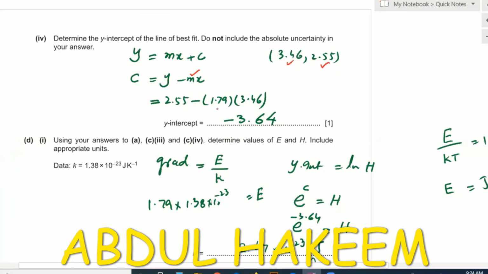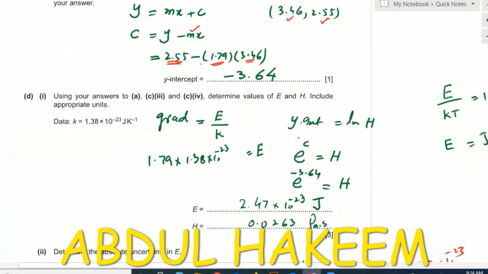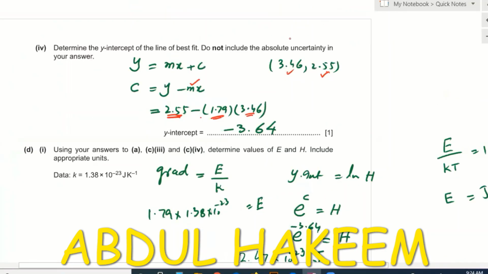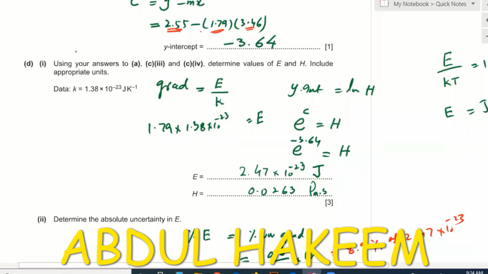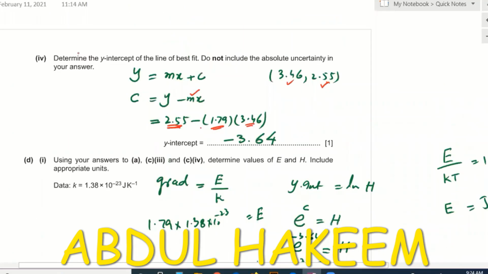So the y coordinate of the best fit is 2.5, minus the gradient 1.79, times the x coordinate 3.49. After calculating, it is 3.64 with a negative sign. So this is the y-intercept. No need to write its unit, because the question says don't include the absolute uncertainty. So no uncertainty, no unit, because units are not asked here.